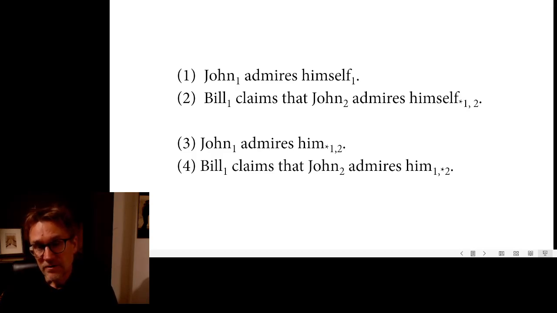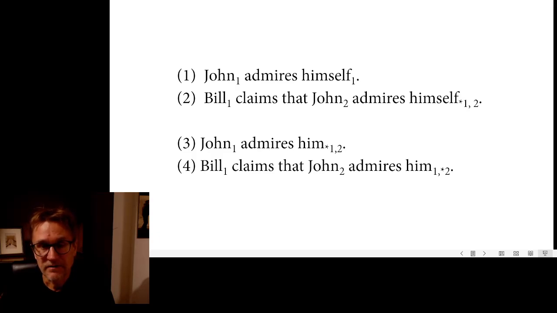And sentence 2 shows that it has to refer to John, the subject, in the same sentence. So Bill claims that John admires himself cannot mean that John is admiring Bill. The indexes or subscripts or numbers are illustrating the possible meanings these sentences may have.